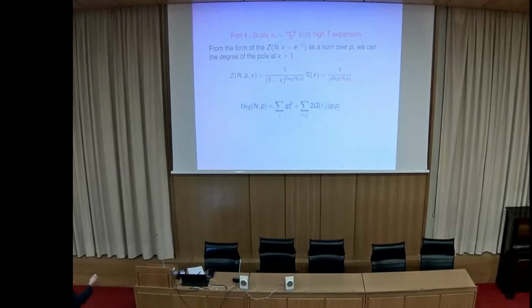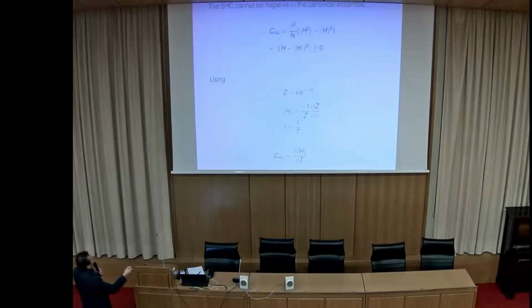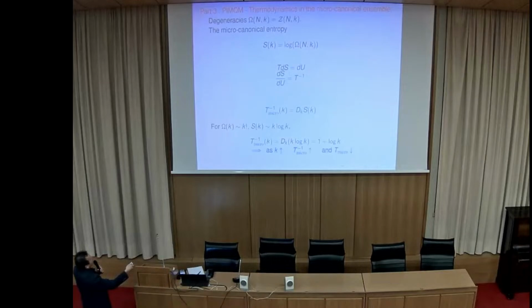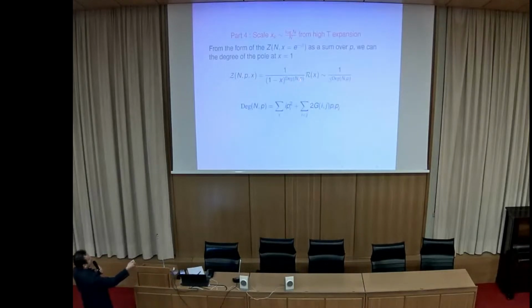So this partition function was a sum over partitions of something that depends on the partition. And the form of that has different powers of 1 over 1 minus x. I gave you this formula before. If you pull out the power of 1 over 1 minus x, that power is something we call the degree, which depends on n and on the partition.